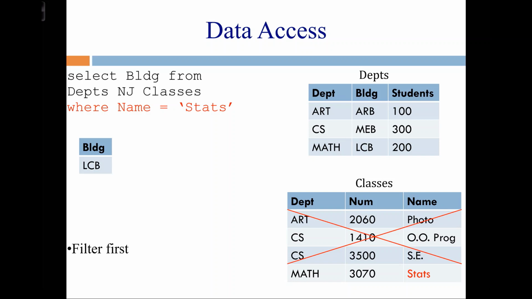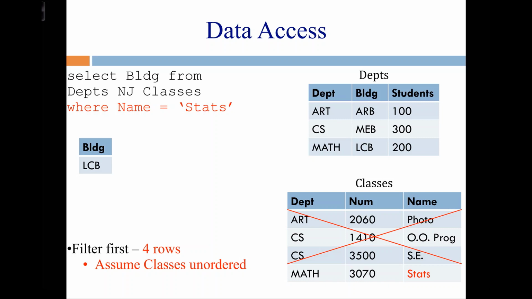And then it's going to go and use that foreign key to try to find something in the departments table. Assume that this classes table is not ordered by class name, which it's not. So the best way to find this stats class is we just have to do a linear scan. So it's 4 rows to do this filter first.